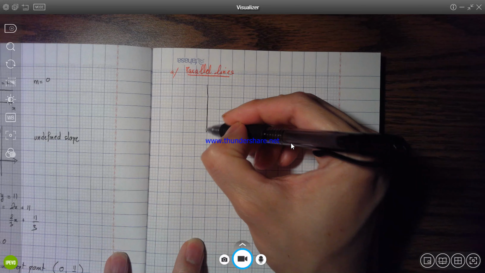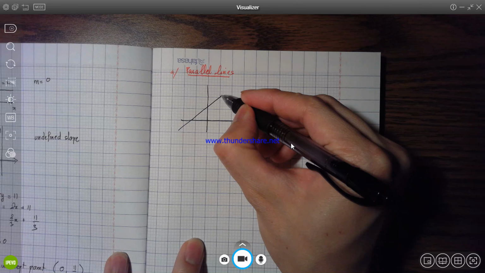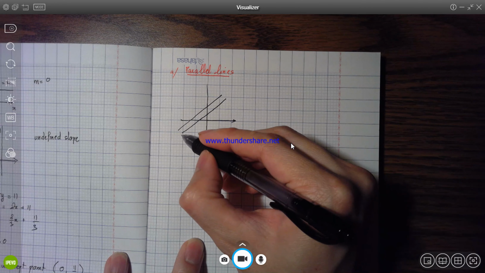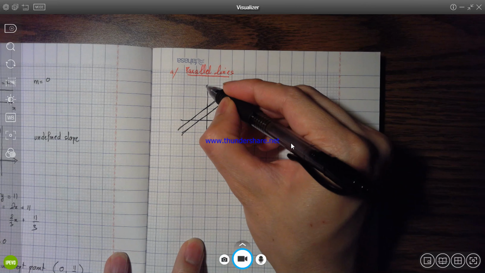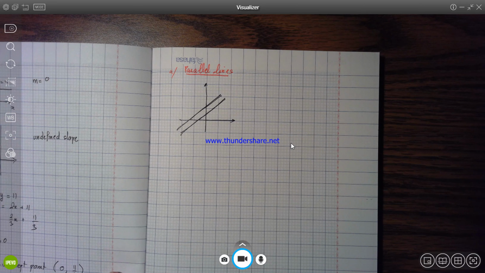Graphically, I'm gonna have something like this. I have a line like this, and I have another line like this, and I say that these two lines are parallel to each other. I cannot draw perfectly, but just assume that it's perfectly parallel.